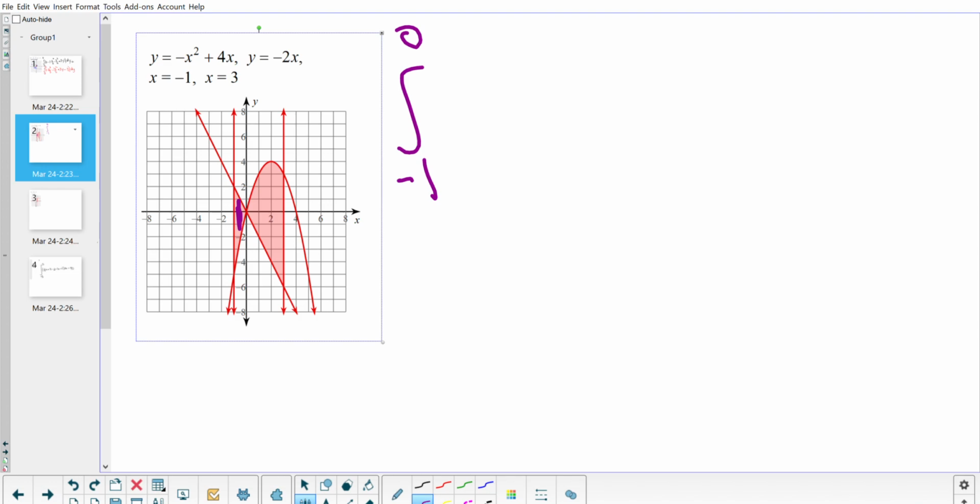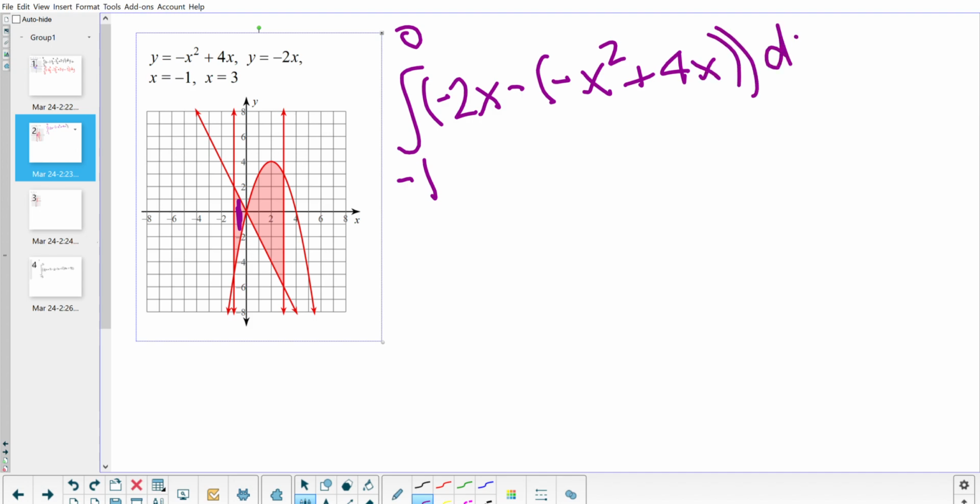And from -1 to 0, it is the line -2x minus the quadratic. Make sure you're using parentheses: minus (-x squared plus 4x) dx.